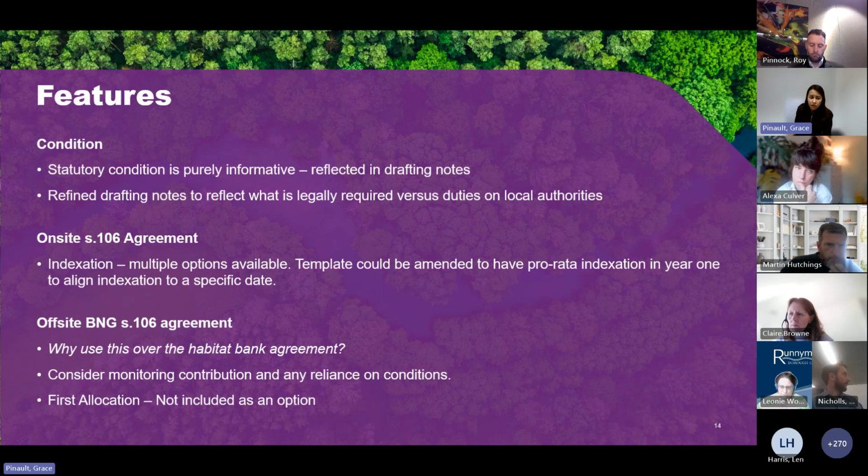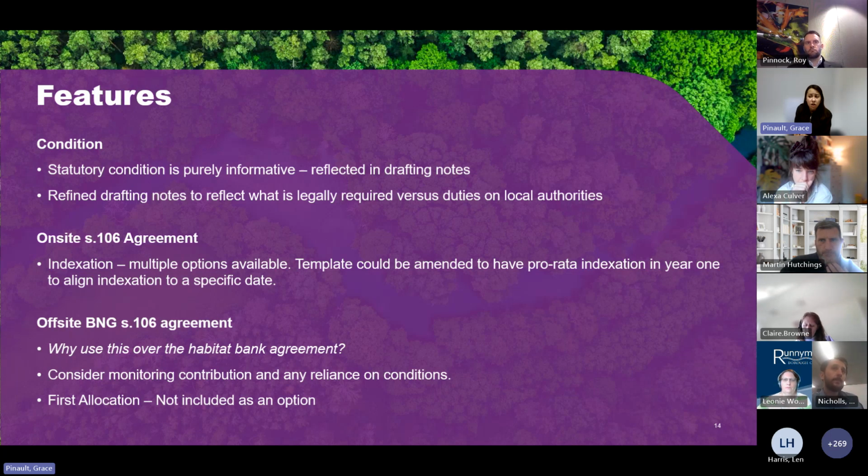However, that offsite agreement is a really good option for applicants that know at the point that consent is going to be granted what their strategy is for securing on-site BNG. And if they're going to be using some offsite land and they know that they're going to have an excess and they'll just allocate to themselves whatever units they need, you can rely on the Section 106 agreement. So it's just an additional option.